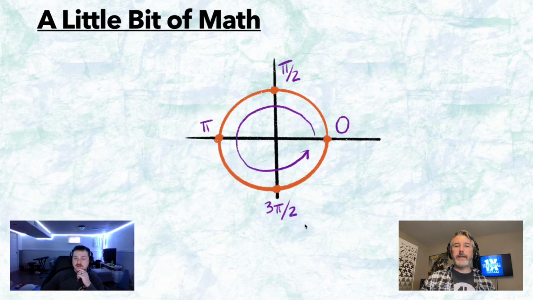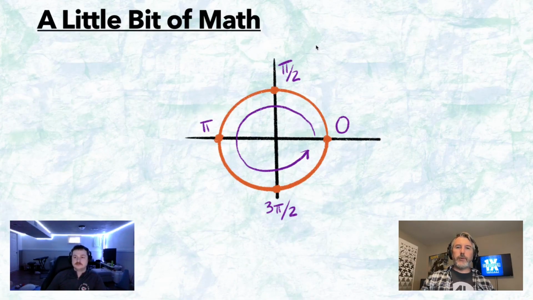Yep. Do you remember radians? Yep. Okay. So radians are a different representation of angle. You can translate between radians and degrees.